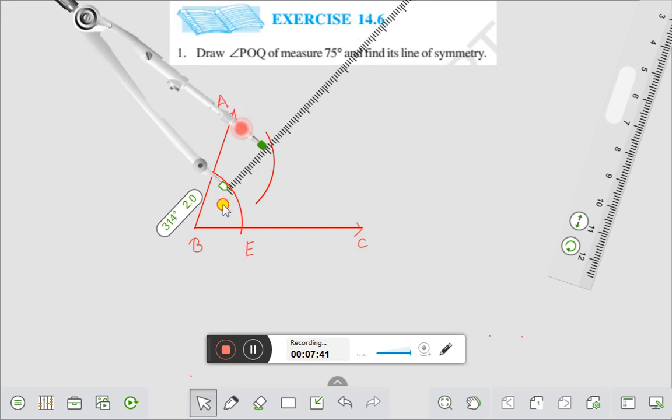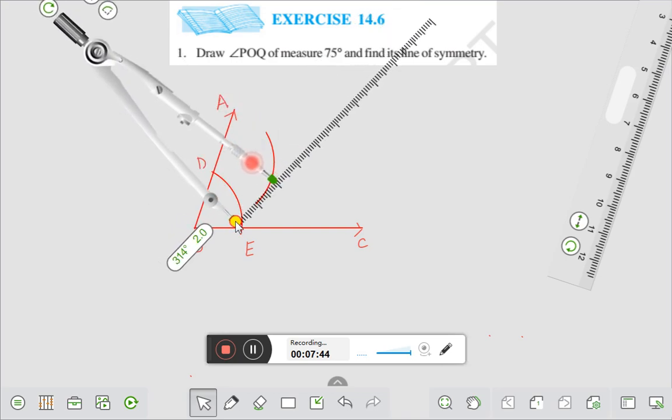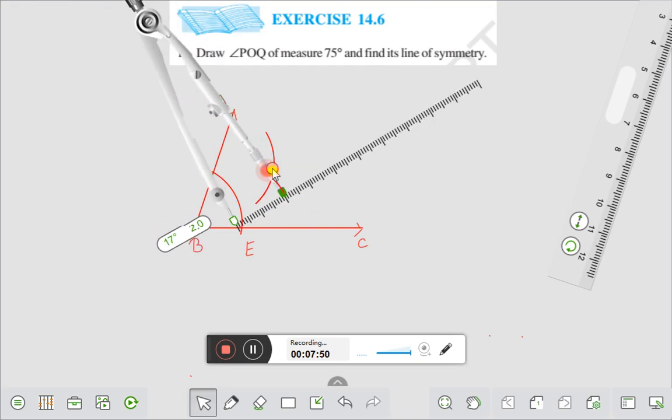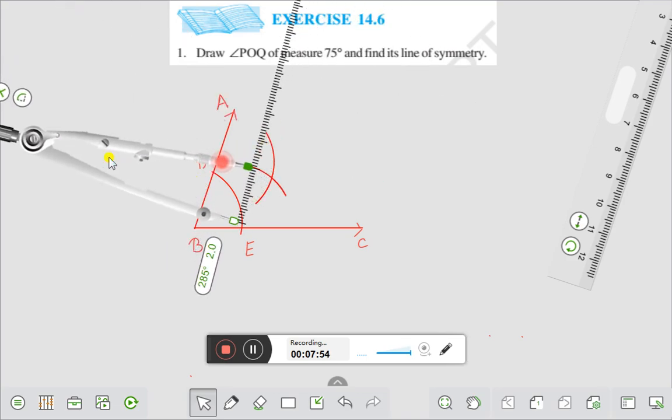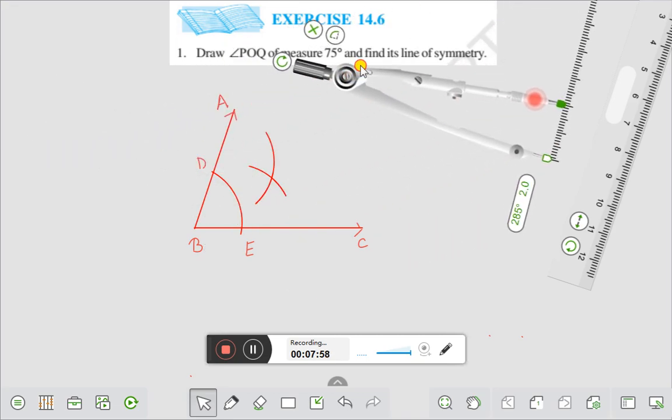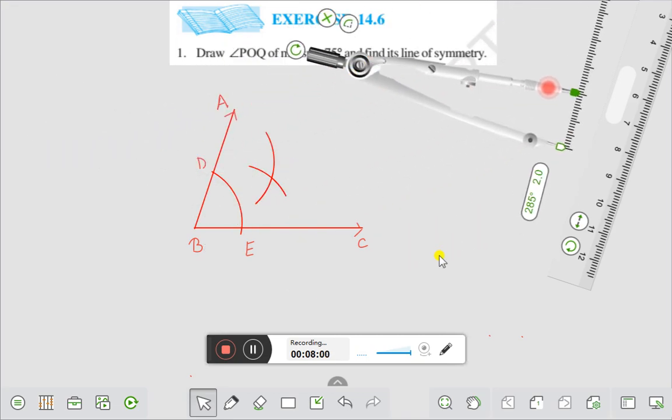Again take this pointer on point E and make another arc, right? Then we get a point here. You see, this point is F.